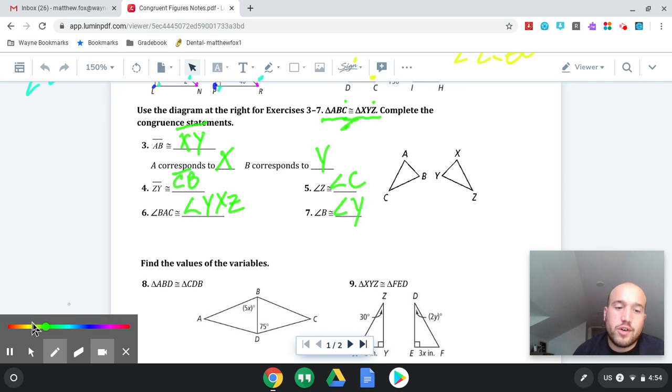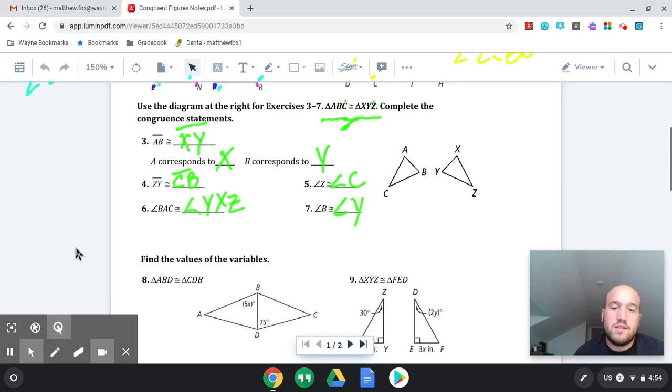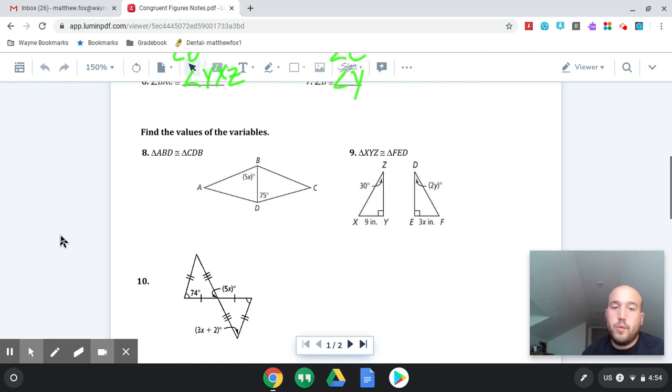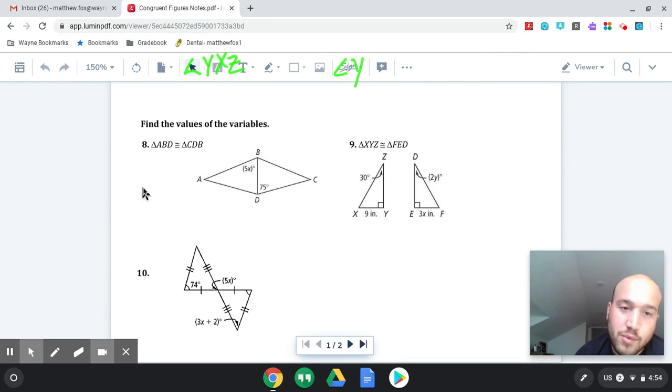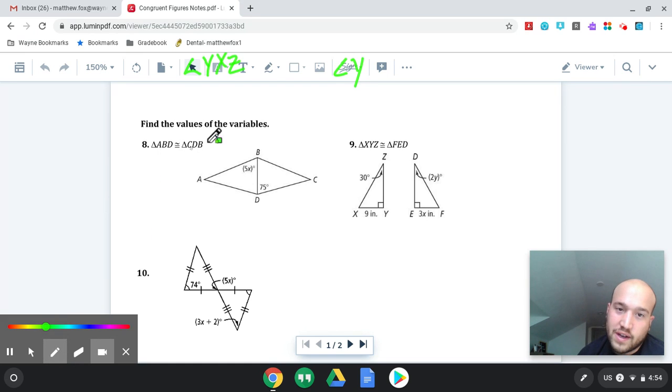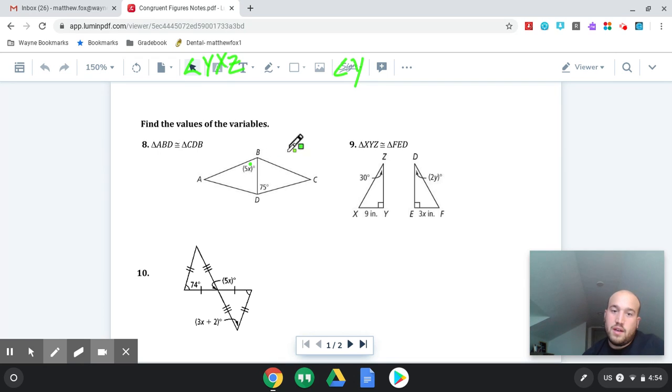Okay, now sometimes we're going to have to use this to then solve for different variables. So if we look here at example 8, it says find the values of the variables. So the variable right here is this x. Now, if we look here, ABD is this angle, and ABD was right here, the order they had.